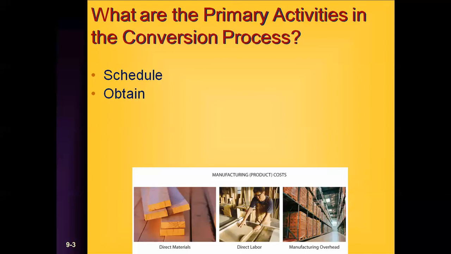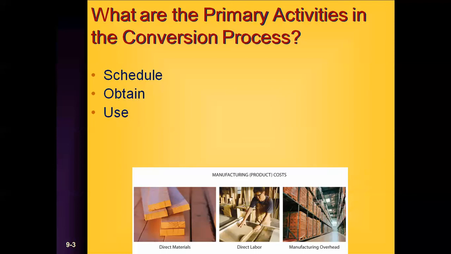You need to move raw materials into the production process and get them ready so that you can use labor and manufacturing resources to convert those raw materials into finished goods. That's what's shown here in the middle picture.